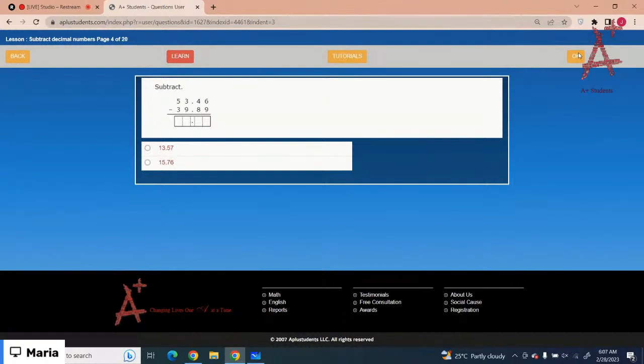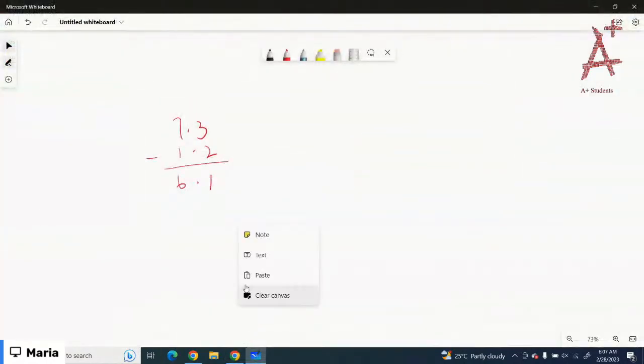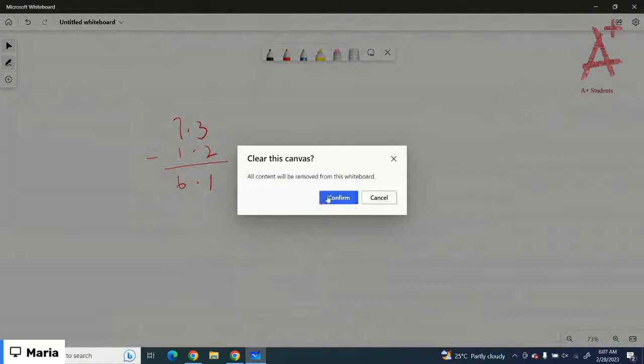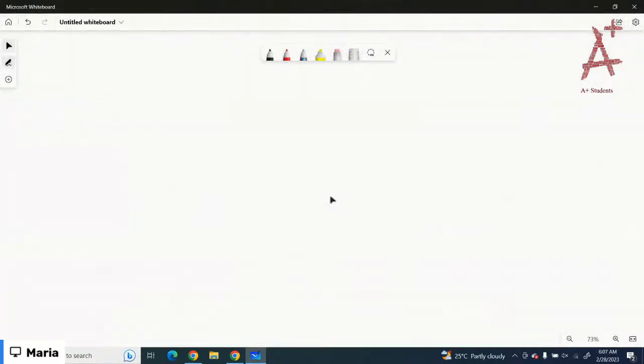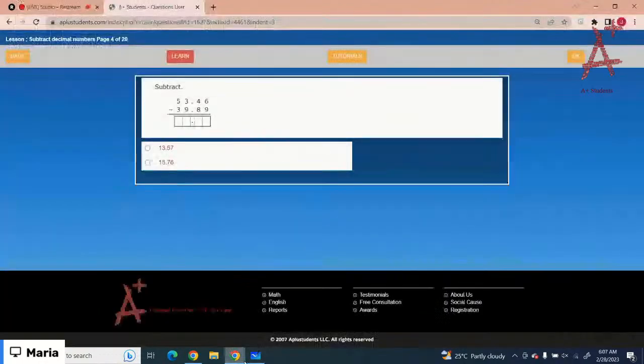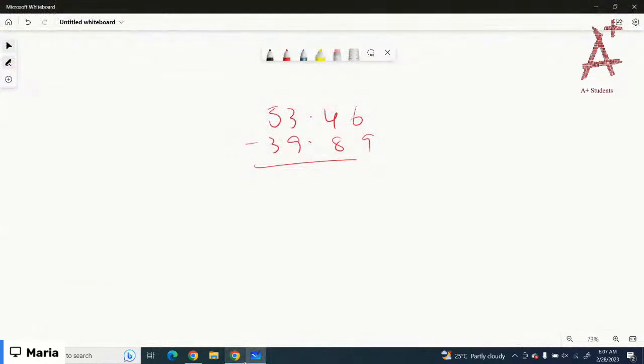The next one is 53.46 minus 39.89. Start subtracting from the ones digit. You cannot subtract 9 from 6, so you have to borrow 1.